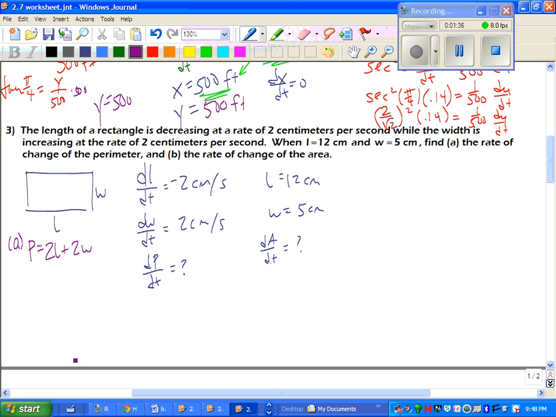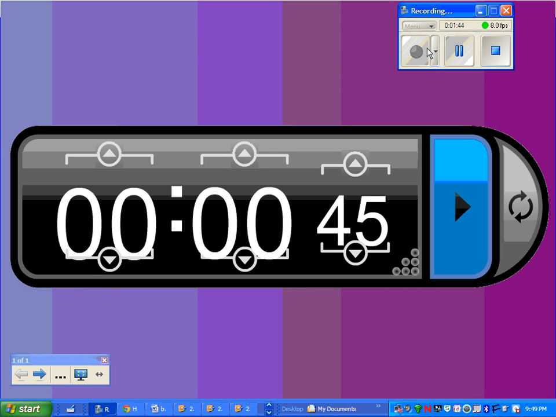I want you to go ahead and take 30 seconds to figure this one out. Figure out what dP dt is. All right, I'll give you 45 seconds. Shouldn't take too long.